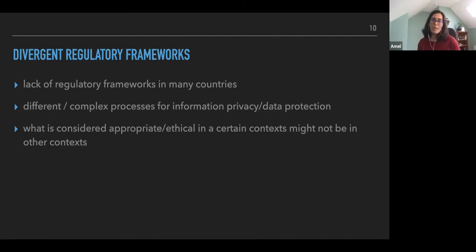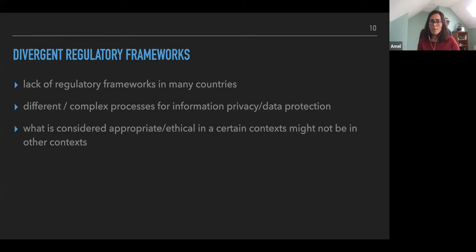When we think about the low and middle income countries context, another relevant aspect to think about is the fact that regulatory frameworks are very divergent, and there's a lack of clear frameworks in many countries.